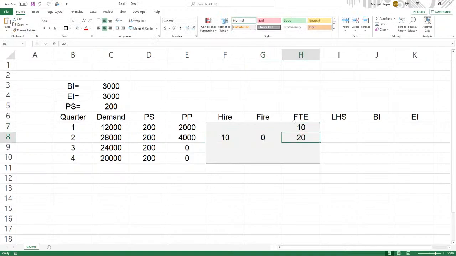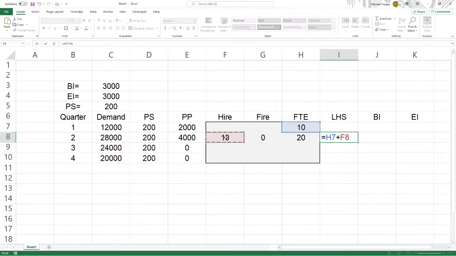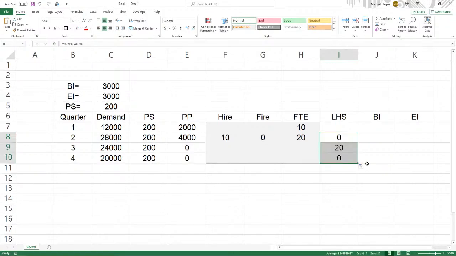So in order for the previous FTE, the current FTE and the hiring and firing to be equal, I'm going to say equal my FTE in the previous quarter, but in this quarter, I'm going to add what I hire, and subtract what I fire. That's going to equal my FTE. But if I bring it over to this side, then I'll subtract whatever that is. And notice it's 0.